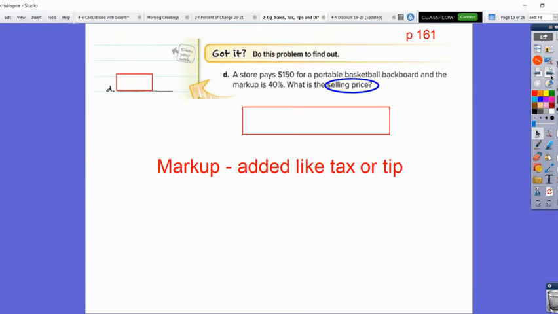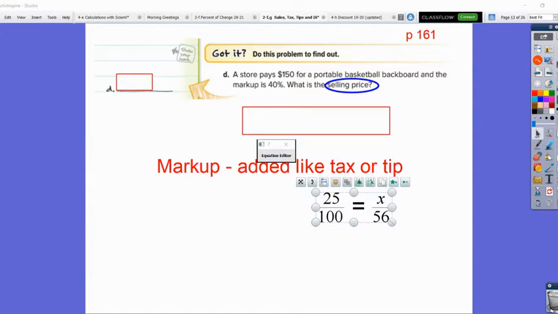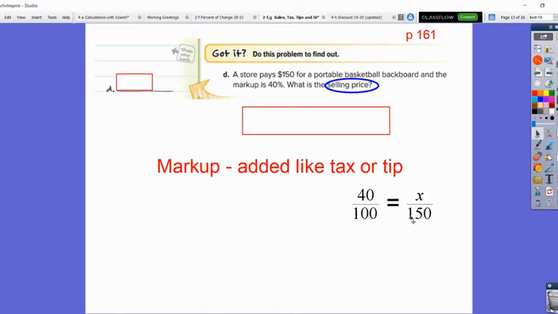We could do the percent proportion for this problem, except instead of 25% and $56 for the original price, it's going to be 40% over 100, and the original price, the whole, is $150. This would be the proportion you could solve to find the markup.